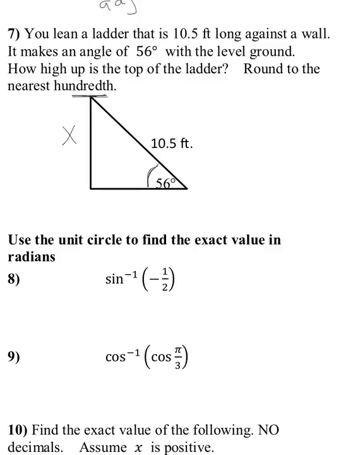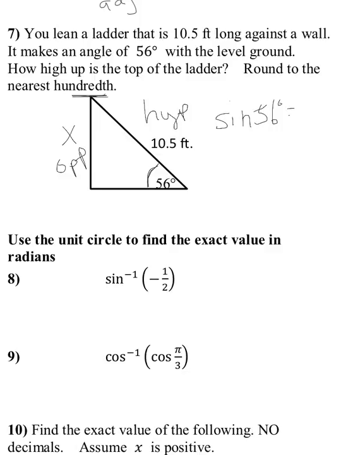So we want to know how high up that is. So again, that's x. This time we have a hypotenuse, we have a side opposite, but we don't know the side adjacent. So since we have a side opposite and we have a hypotenuse, we're going to use the sine function this time.